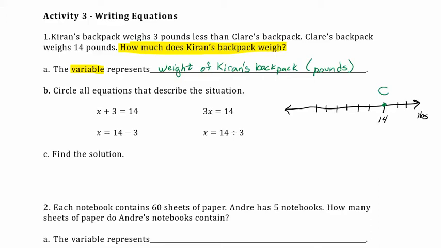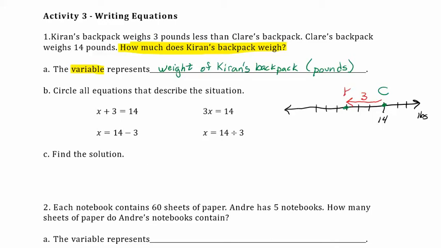So we could make a number line like this and visualize what's happening. There's Claire's backpack. It weighs 14 pounds. And we know Kieran's backpack weighs 3 pounds less. So we could visualize this on a number line by moving 3 places to the left. Kieran's going to be 3 units to the left this way.